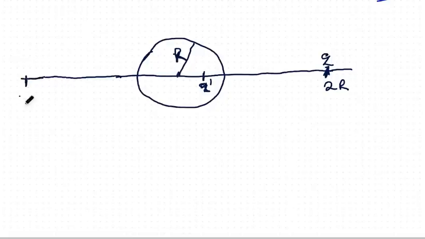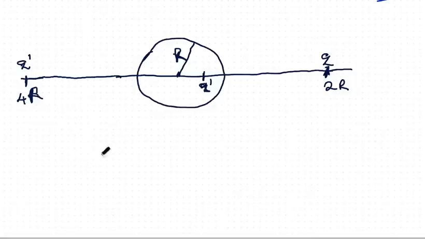This is another charge q prime. Let me write the distance here: q prime, and the distance is 4r.